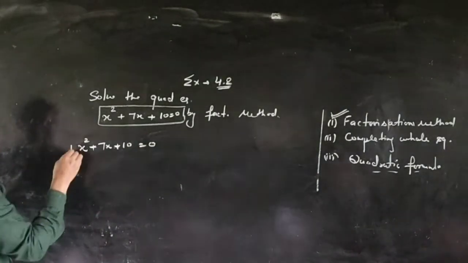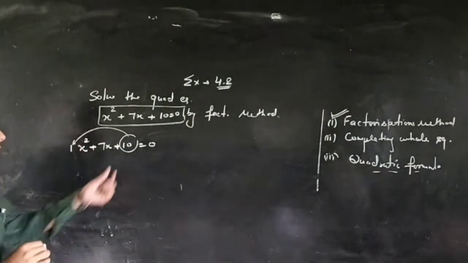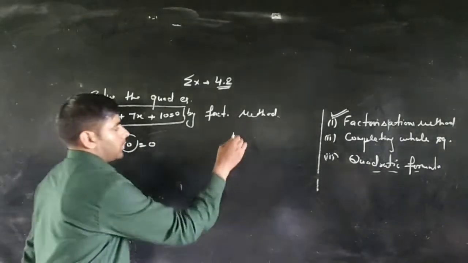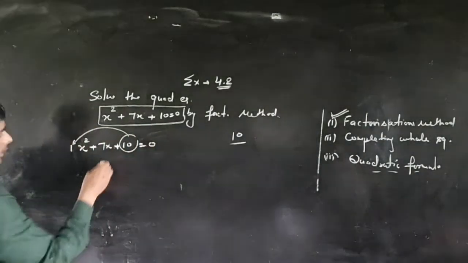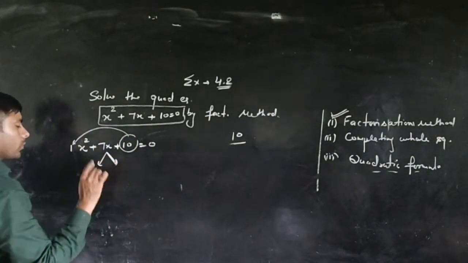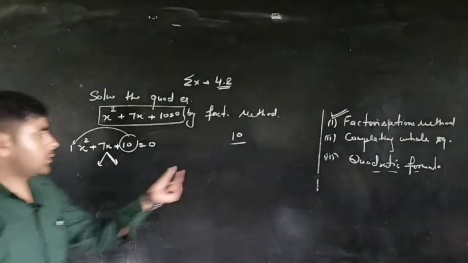First of all, multiply the constant term by the leading coefficient: 10 into 1 is 10. Now we will split the middle term into two parts such that their sum is 7 and their product is 10.